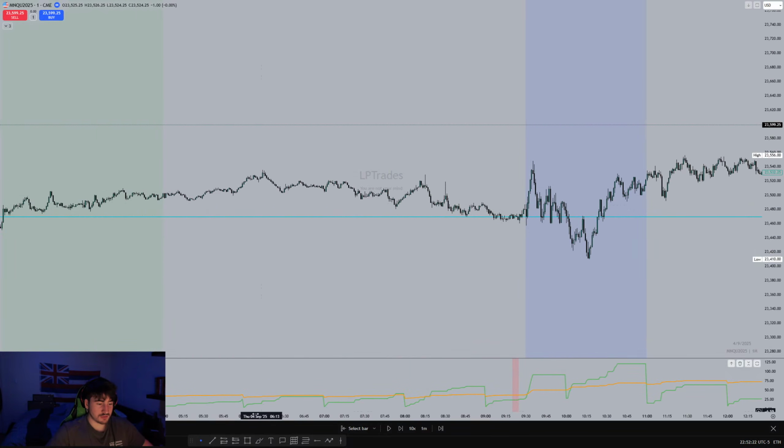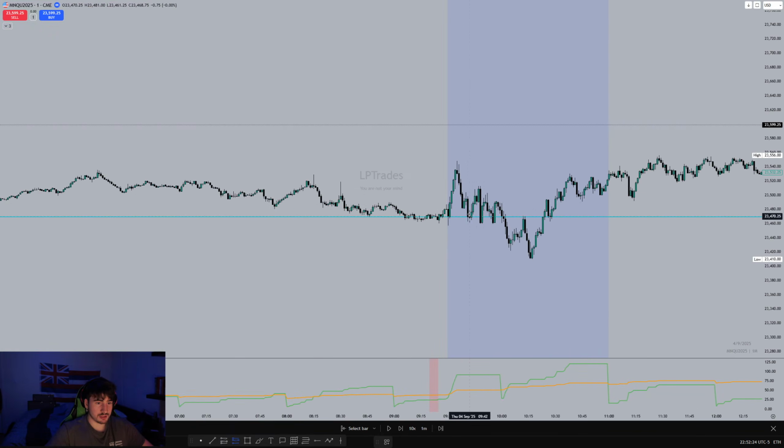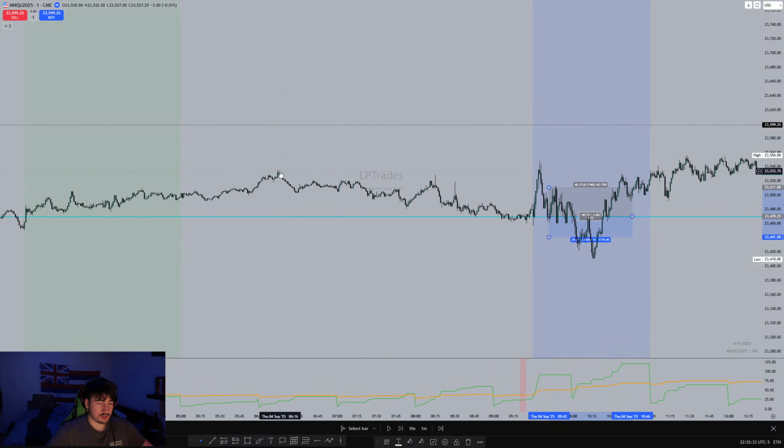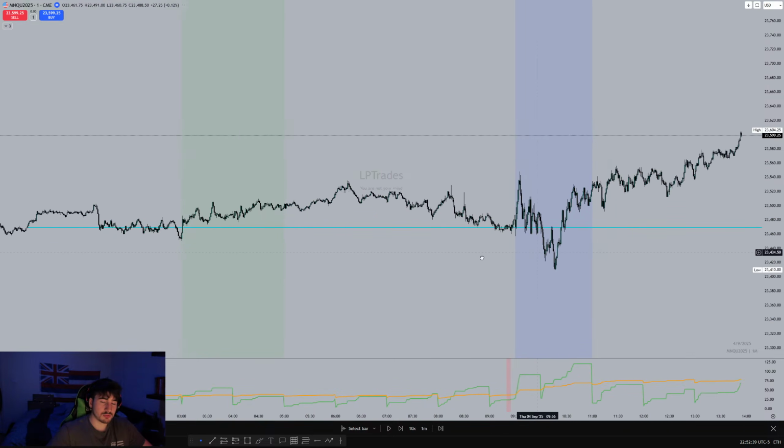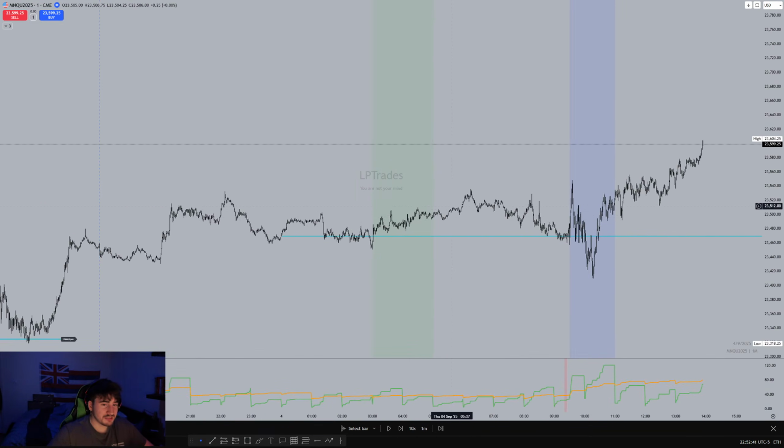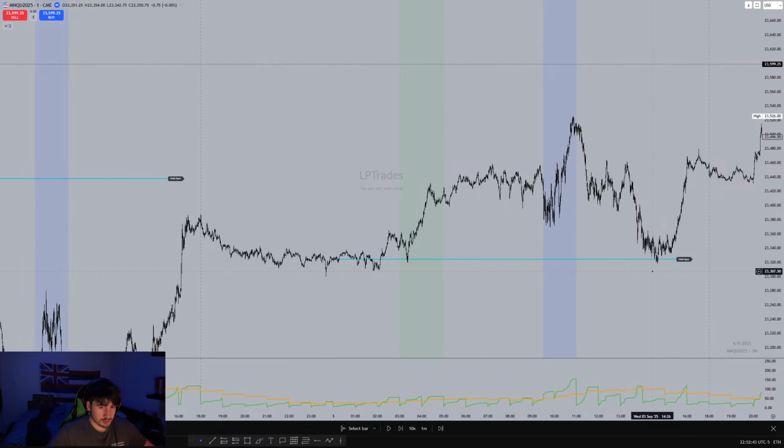If I were to enter short here, I'd be entering way down here right at midnight. So it goes above midnight, manipulates higher to the overnight highs, London high, and then it comes right back down. We would enter right on the midnight open. So I wouldn't enter this because we're entering at the equilibrium of the day. We're not in a deep premium, so I wouldn't be looking at that.